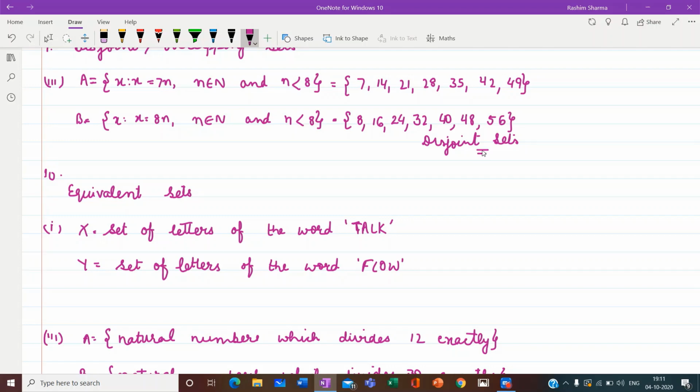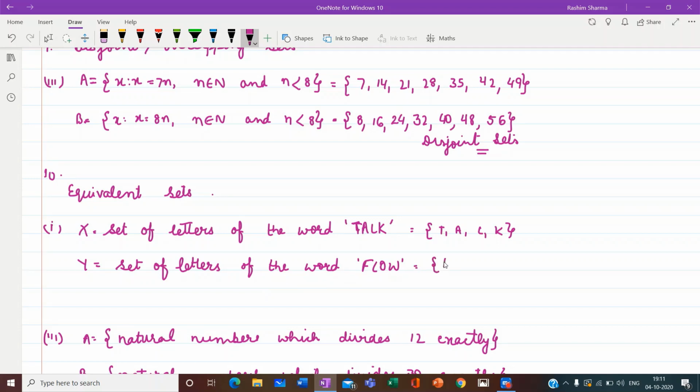Next, the 10th question is equivalent sets. Equivalent sets means two sets that have the same cardinal number. Now this first part is the set of letters of the word talk. If we write it in roster form, we will write X as T, A, L, K, and Y is a set of letters in the word flow.